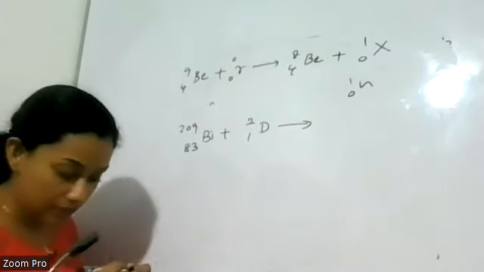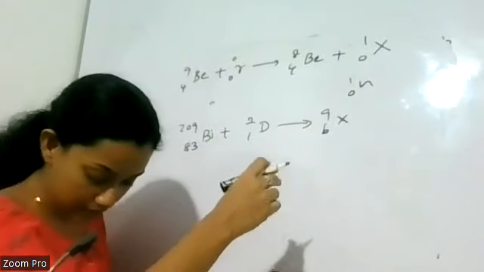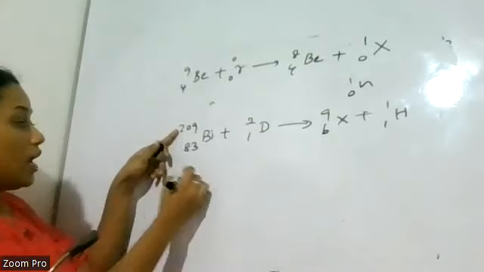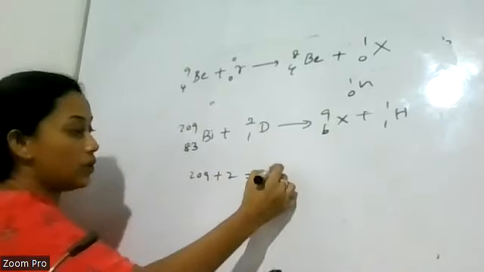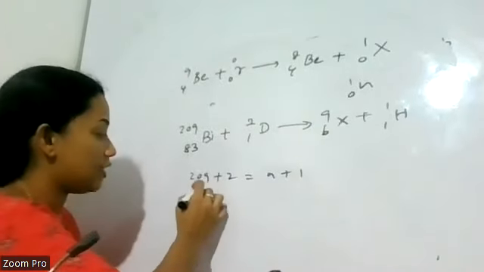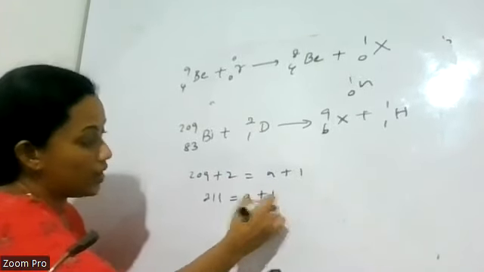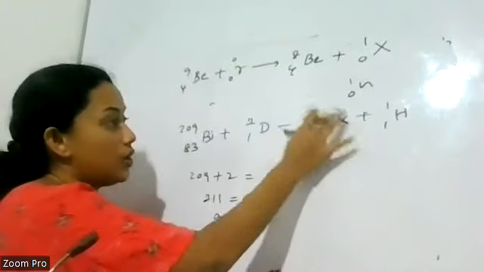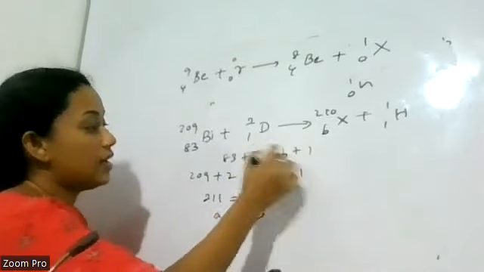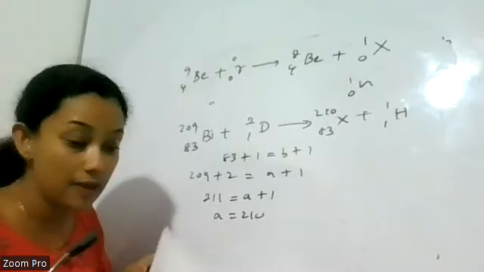They are fused with each other, and we have to find this X particle, with hydrogen isotope emission. 209 plus 2 equals A plus 1, so 211 equals A plus 1, A is equal to 210. Here 83 plus 1 equals B plus 1, so B is equal to 83. It looks like this. That is how nuclear reactions are balanced.